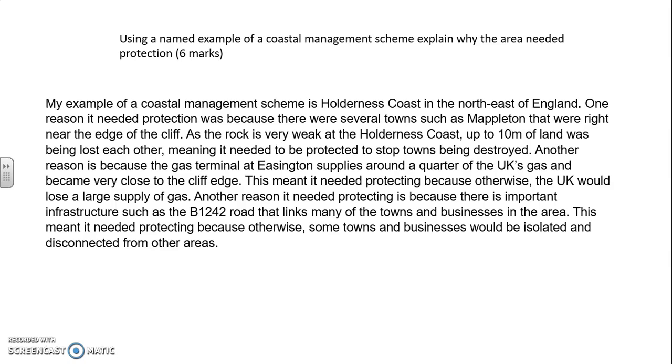Also, there are towns, small towns and villages along the coastline, for example Mappleton, which need to be protected. Otherwise, the homes and the businesses will be lost to the sea. There's also infrastructure in the area, roads, which also need to be protected from coastal erosion. Otherwise, that would impact on businesses and on people's quality of life.